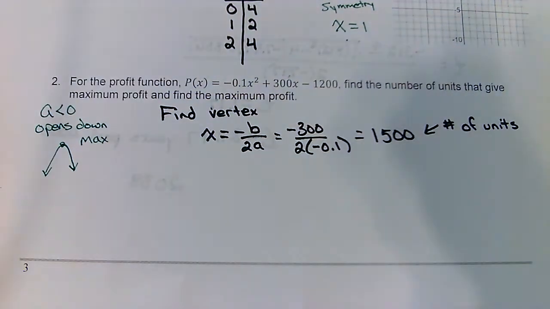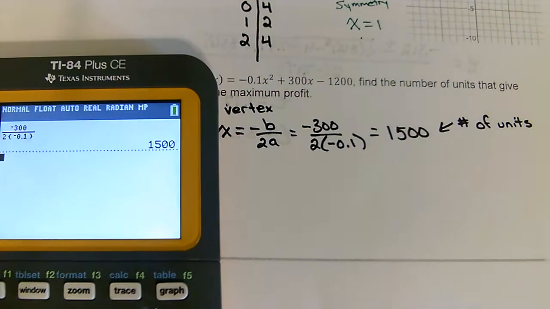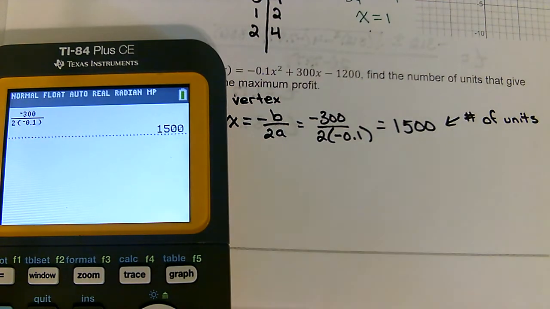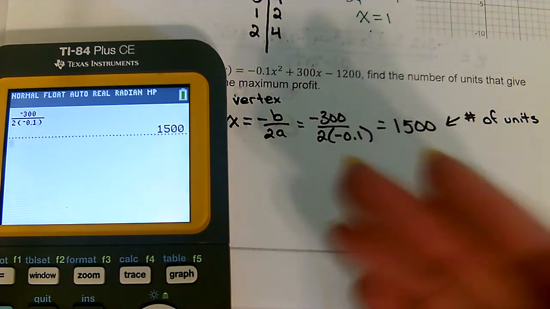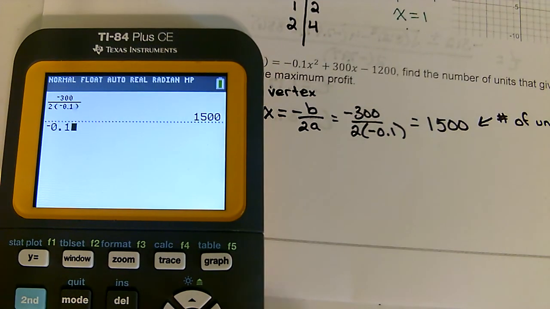I also want to know the profit at that point when we sell 1,500 units. There's a couple of ways I can do this. I can plug 1,500 in directly, and that's what I think I'm going to do in this one. Negative 0.1 parentheses 1,500 squared, because it's going in for x, plus 300 times 1,500 minus 1,200.